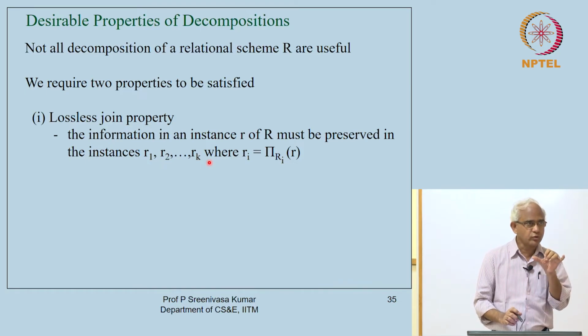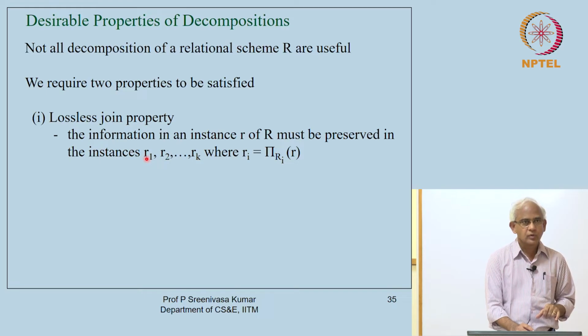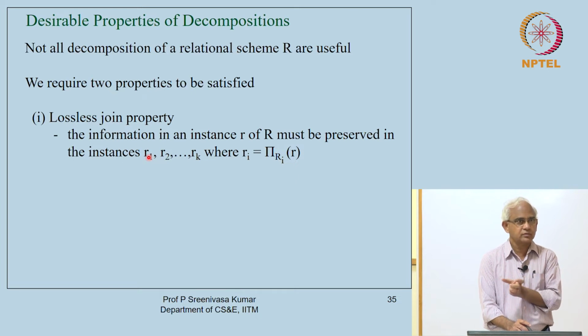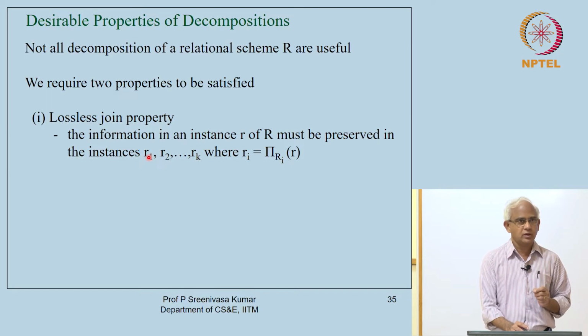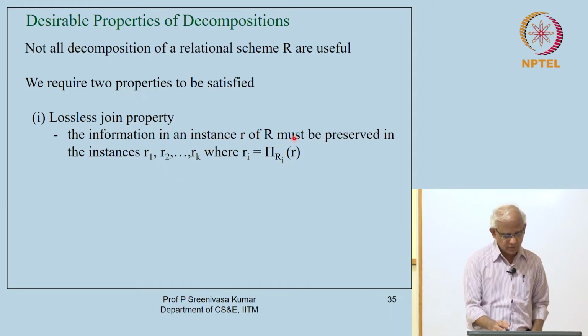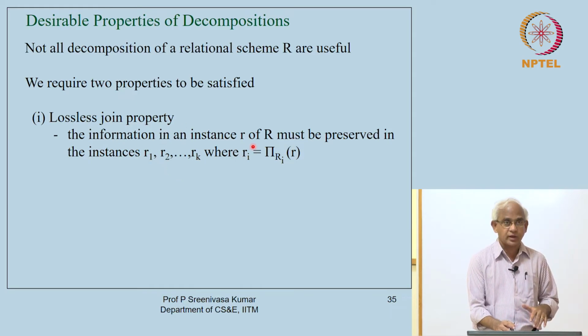So a few values of them will go into R1 and then maybe some overlap and then some other segment will go into R2, like that the data will go into all these things. So we will see exactly in the next slide whether there can be some kind of a loss in this process.